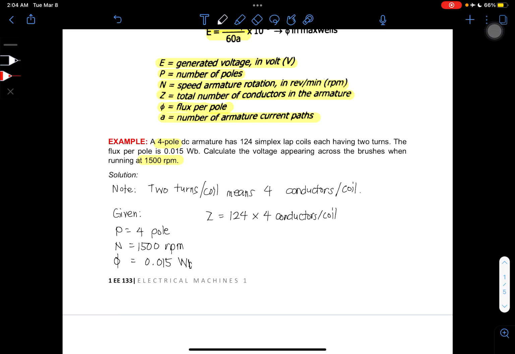So we have written that. So our A, as the problem says simplex, that's why in lap winding we have 1 times 4. So substitute in our formula.